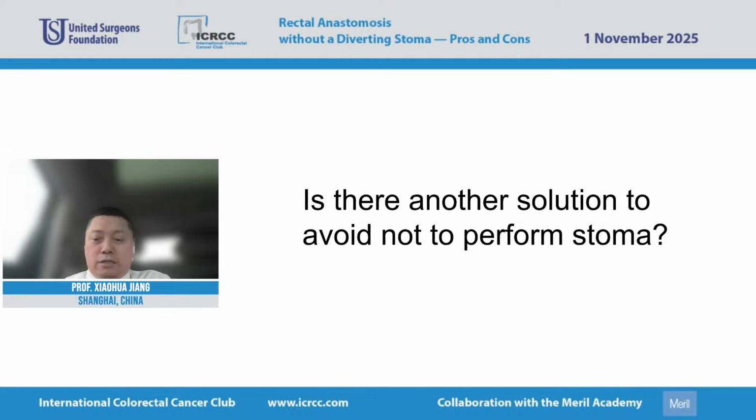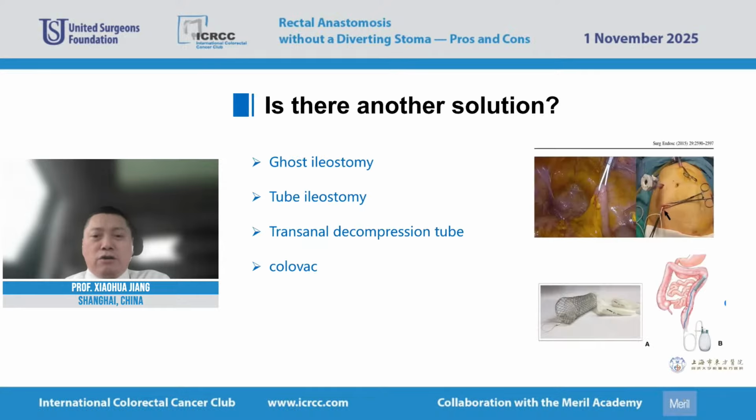And many doctors, not only in China but also in the world, have tried many solutions, including ghost ileostomy, like this figure, and also we can use tube ileostomy, and also we can use a transanal decompression tube instead of ileostomy. And also we are familiar with Colovac. There are many tries to prevent the stomas.